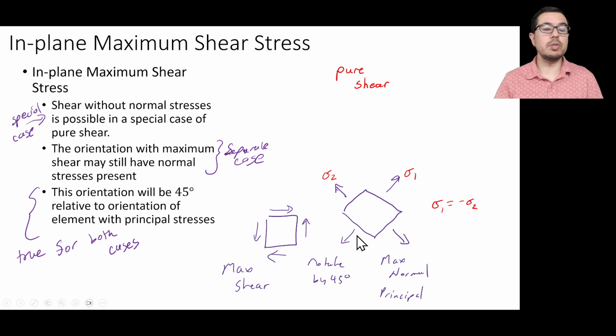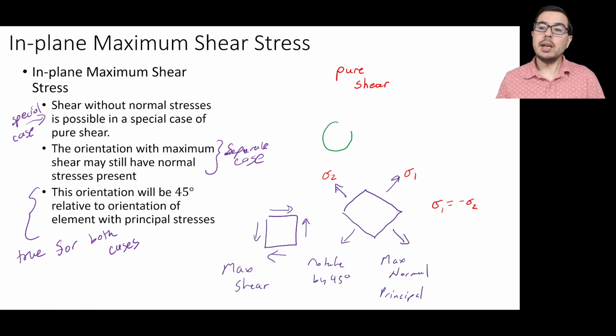There are no shear stresses present, and the stresses are in opposite directions. This is the case where we have pure shear. So we're going to be interested in orientations that involve a 45-degree transformation from the given state.